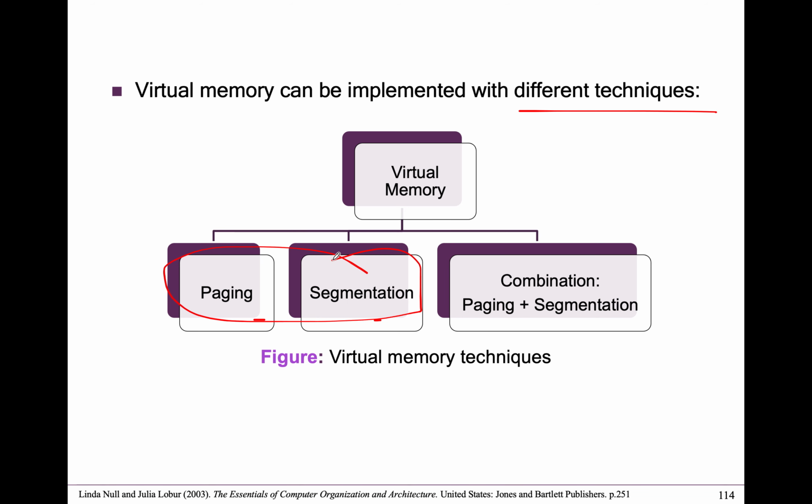So you just need to remember that there are 3 different techniques for your virtual memory to be implemented, which is paging, segmentation, and the combination between these 2. So it's not too hard, right? Just to remember.